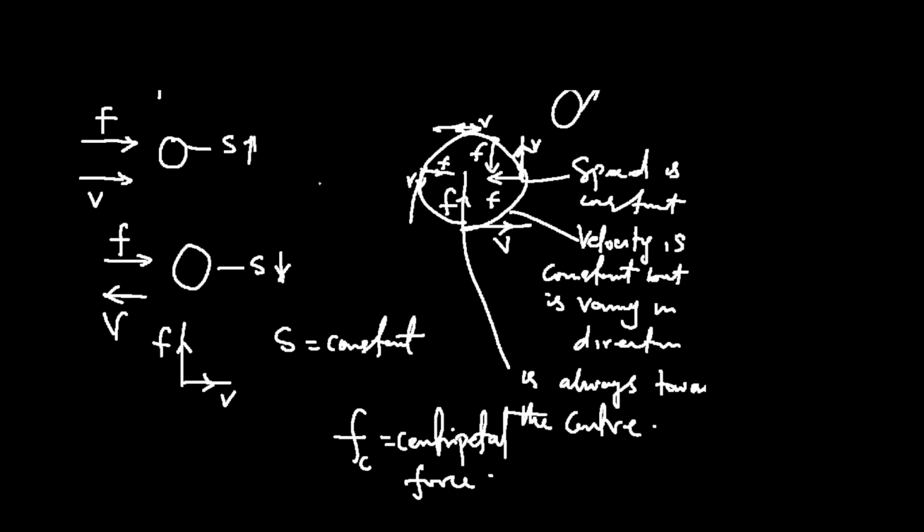Now, let us look at some definitions of circular motion, different ways in which we can define it, before we consider the force that produces centripetal force. So let's take down the definitions.